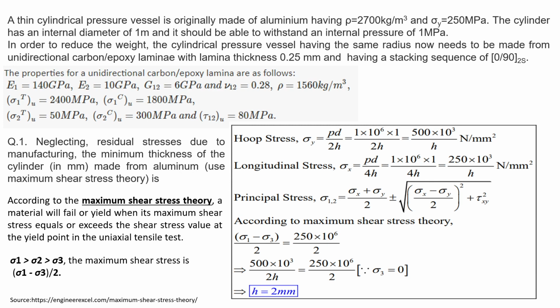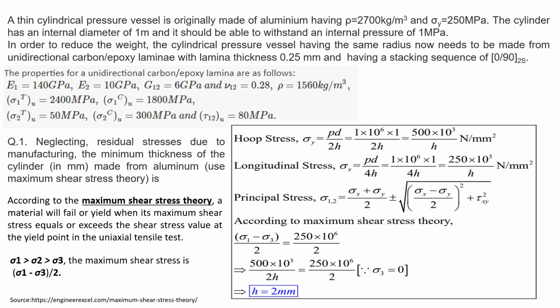So the first question is that a thin cylindrical pressure vessel is originally made of aluminium having density equal to 2700 kg per meter cube and sigma y equal to 250 megapascal. The cylinder has an internal diameter of 1 meter and it should be able to withstand an internal pressure of 1 megapascal.